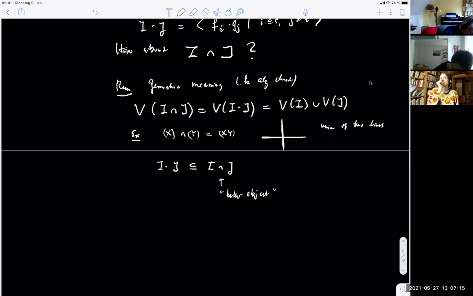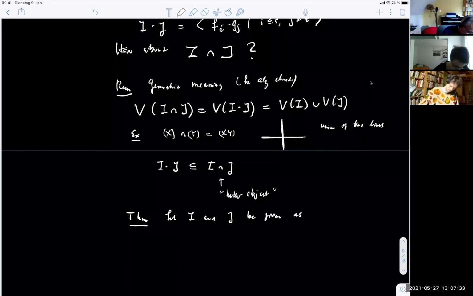So now I can describe the procedure to compute the intersection in the completely general situation with the following trick. Theorem: let I and J be given as above by generators.